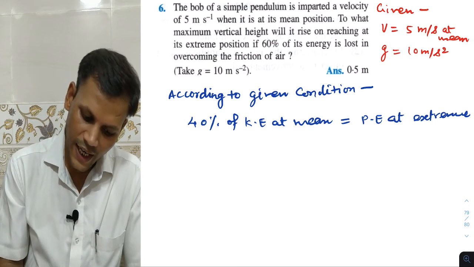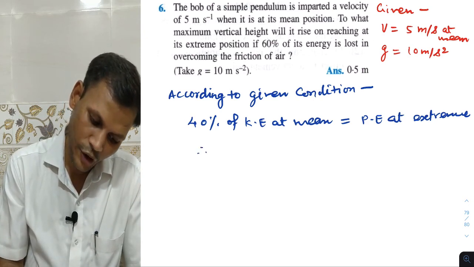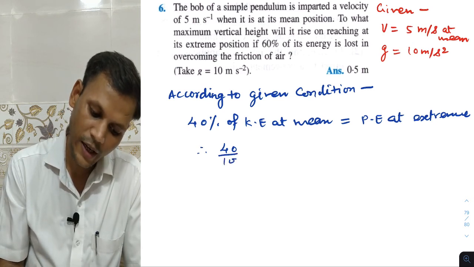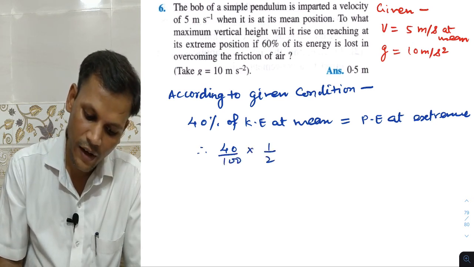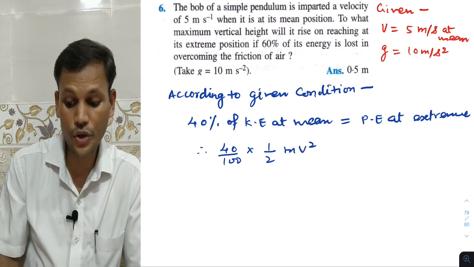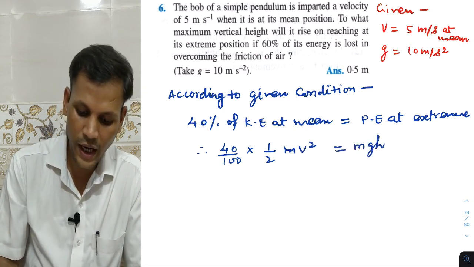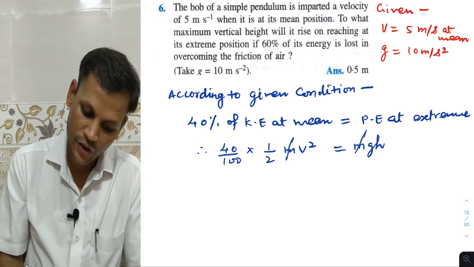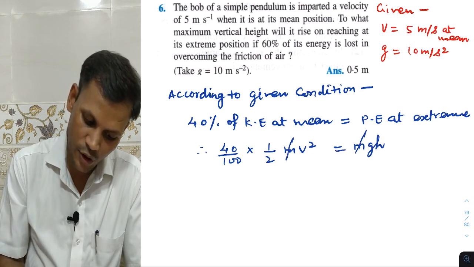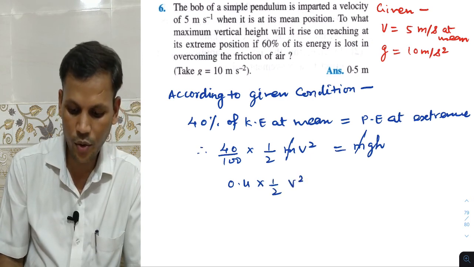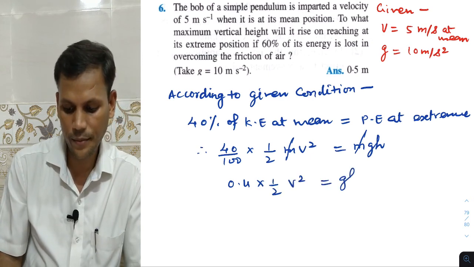So we can write it as 40% means 40 by 100. Kinetic energy is half mv square is equals to potential energy at extreme, mgh. Now m gets cancelled. You will get 0.4 into half v square is equals to gh.